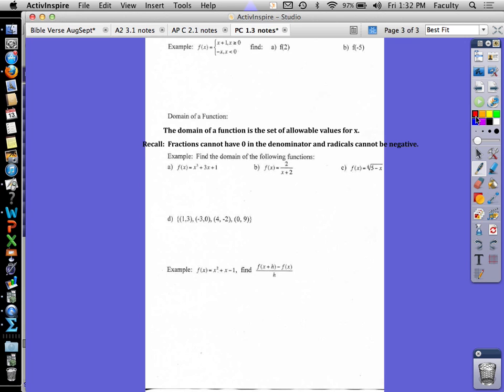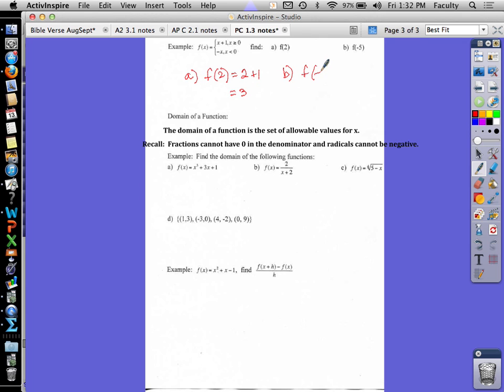Tyler? Because 2 is greater than 0, so if x is less than 0, then that won't work. Exactly. Okay, if x is 2, you can't plug it in the bottom row because those are only allowed to have x values less than 0. So, to do part A, f of 2, you have to go to the top row, so it's 2 plus 1, which is 3.